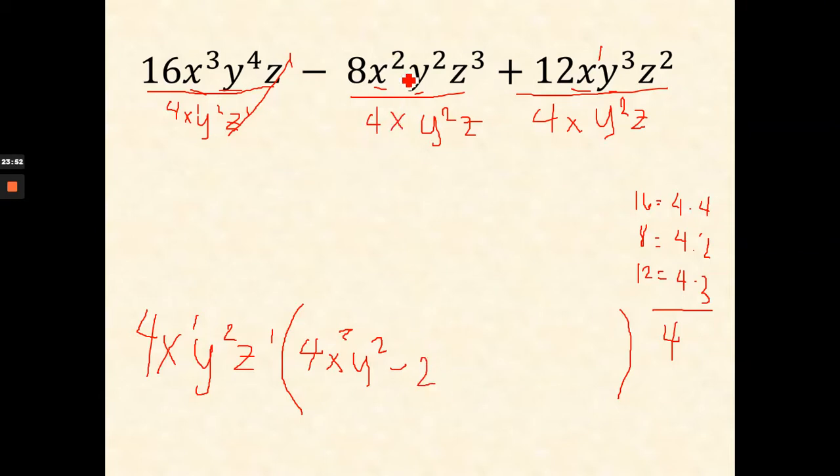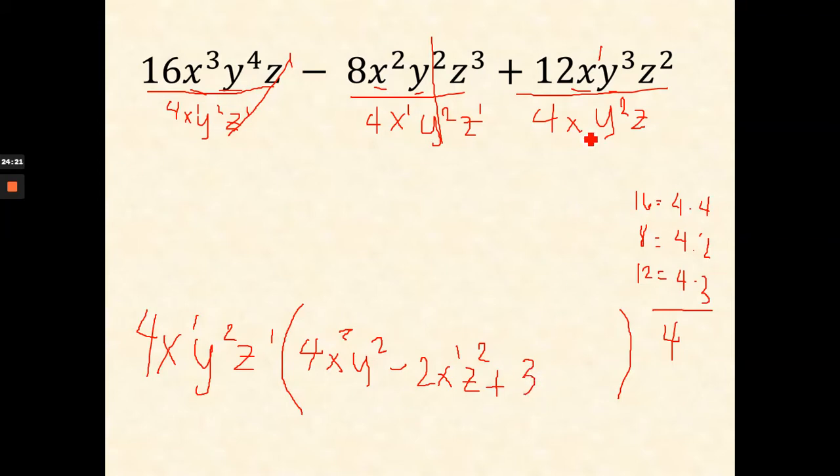What's the exponent of x here? That is 2. This is 1. So 2 minus 1, that is 1. So x raised to 1. Your y is 2 minus 2, that is 0. So no y. Z, 3 minus 1, that is z squared. Then plus 12 divided by 4, that is 3.